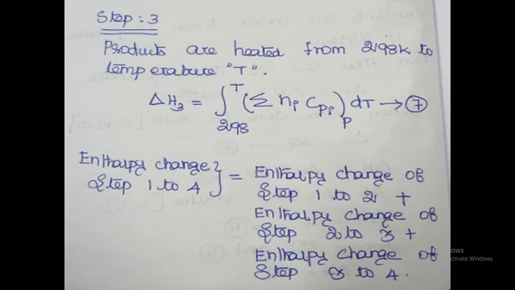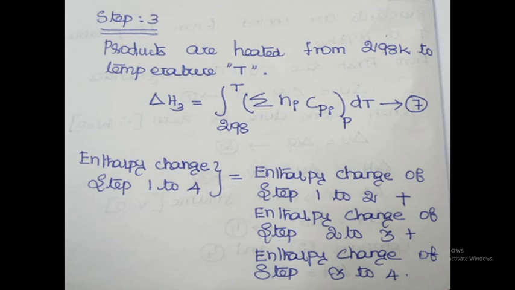Step 3. Products are heated from 298 Kelvin to temperature capital T. During this process, the enthalpy change is delta H3. Delta H3 is equal to the integration from 298 to capital T of the summation of Ni into Cpi at P into dT. This is equation number 7. Why do we use the summation operation here? Our chemical reaction has more than one product. P represents product.